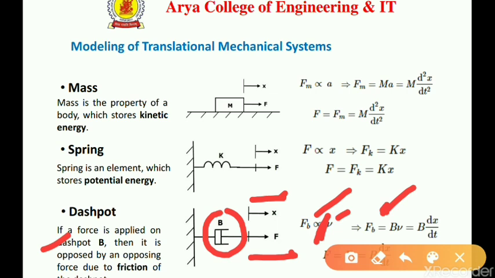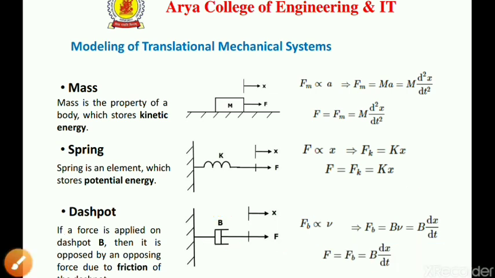And we have Fb equals B dx by dt in the form of displacement. Then the final equation for the applied force is F equals Fb. Fb is the opposing force of damper and equals B dx by dt. So these are the basic three elements of modeling of translational mechanical system.